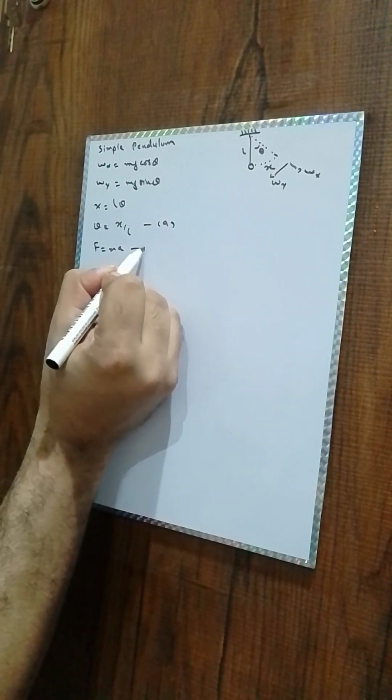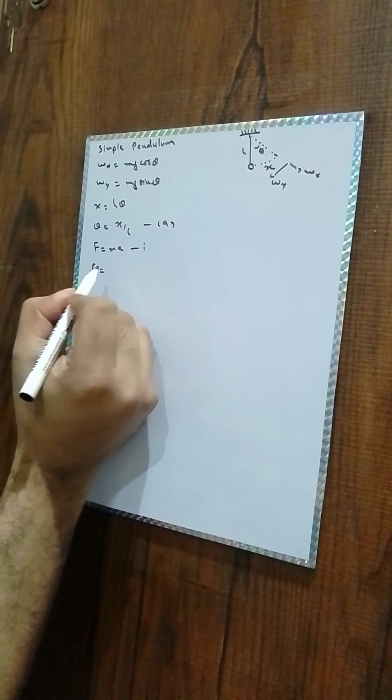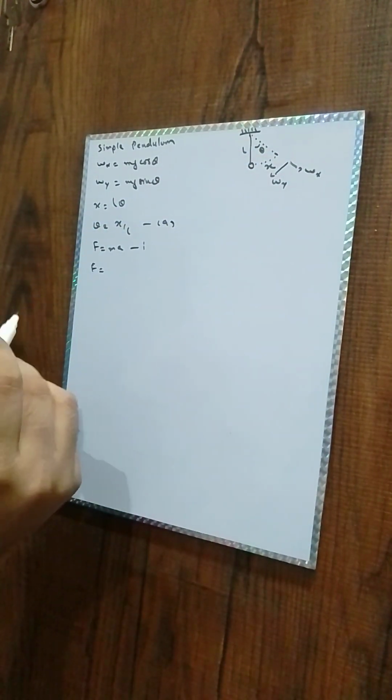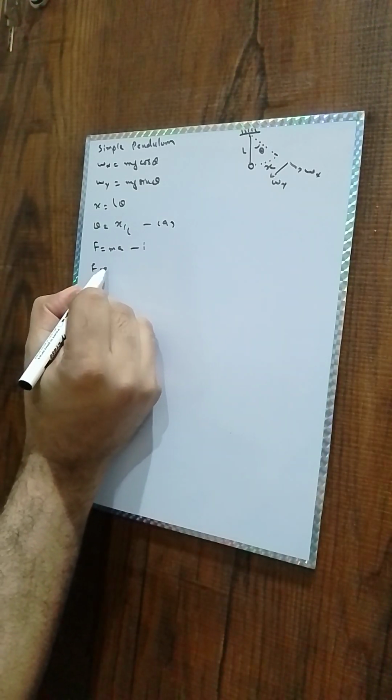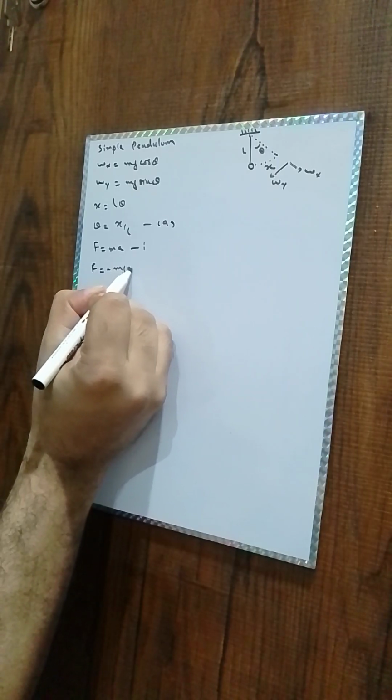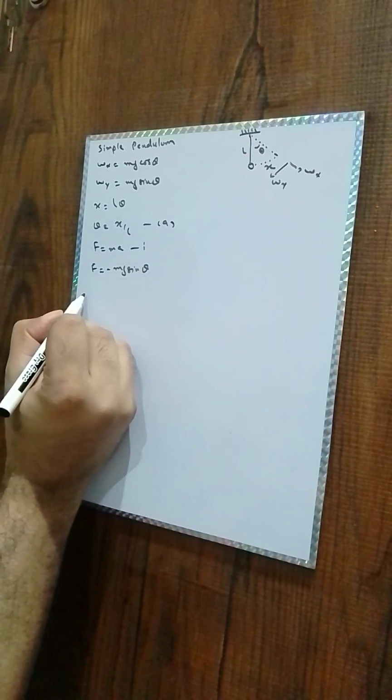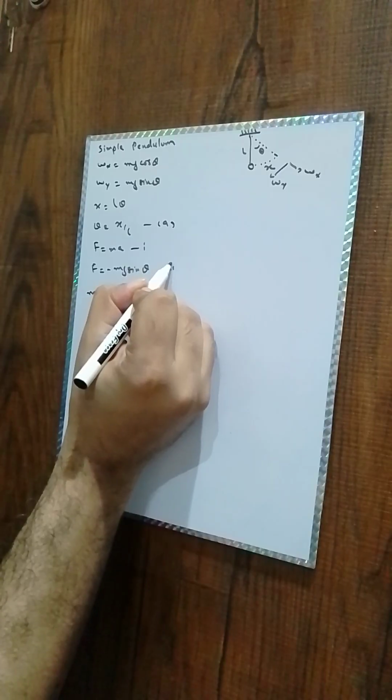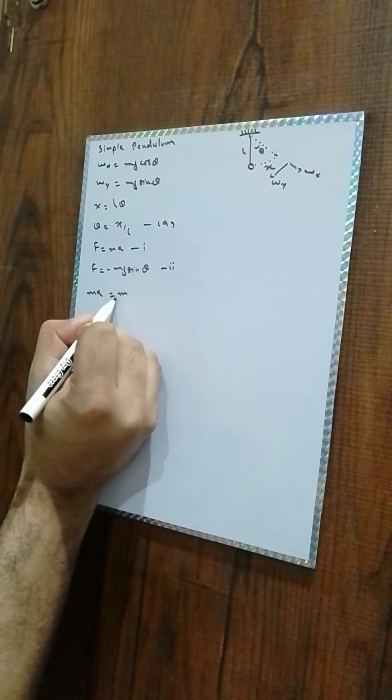F is equal to ma, and F is equal to the driving force, which is mg sin theta, or minus mg sin theta because of the direction. So we equate the two.